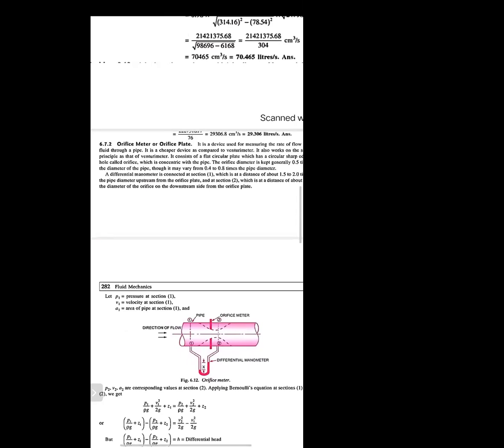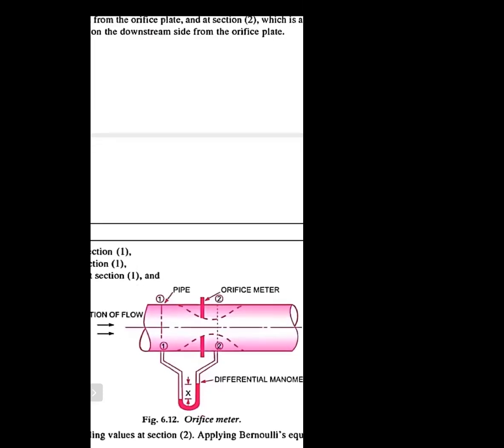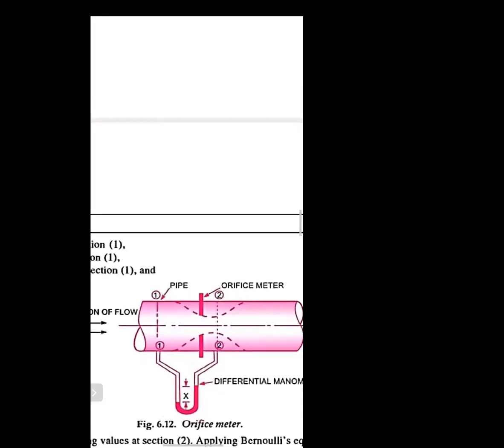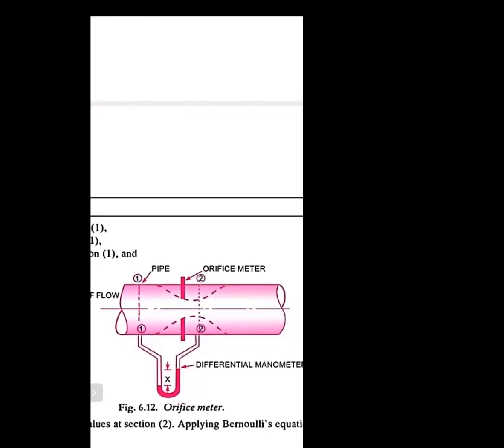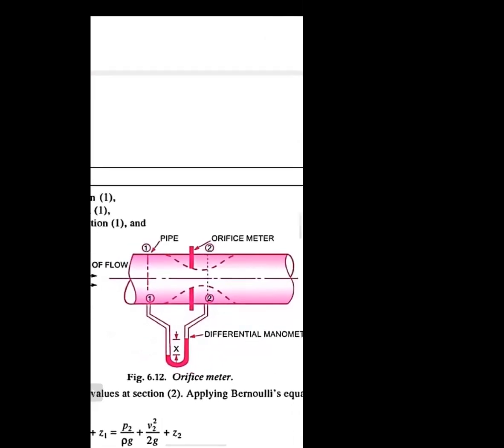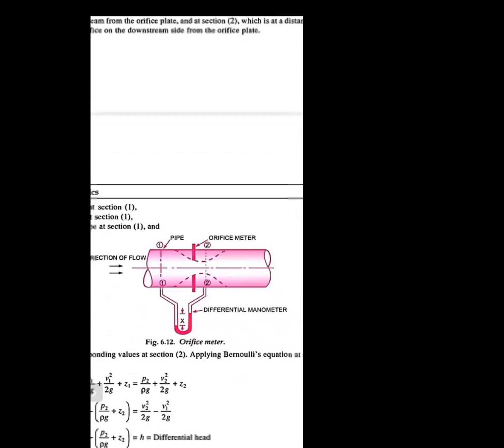A differential manometer is connected at section 1 and section 2 in the case of an orifice meter. From that differential manometer we have to measure the pressure developed at section 1 and section 2.